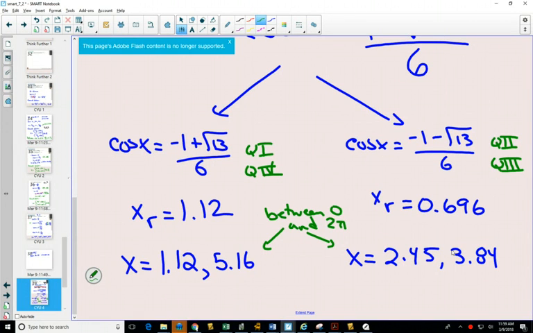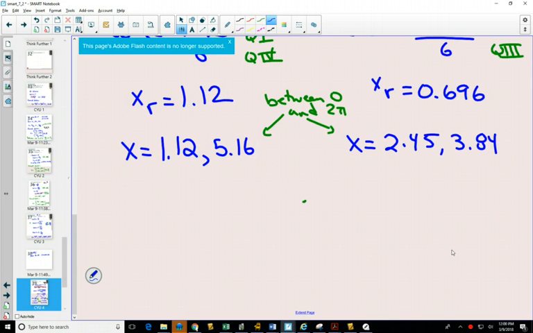What were we asked for? We were asked from negative pi to pi. So our final answers for this question, x equals, from negative pi to pi: anything in quadrant 1 and quadrant 2 is still going to be positive.